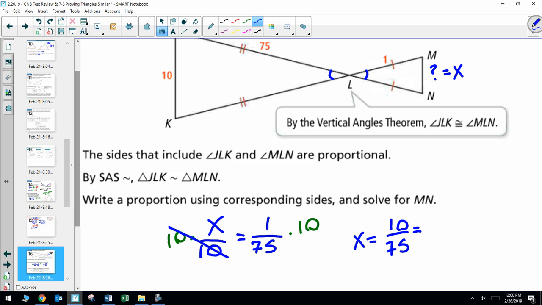So you could leave it as 10/75ths if you wanted. Oh, well, you should reduce it too. Yes, 10 over 75, which if you factor 5 out of it, you get 2/15. So this side length is 2/15.